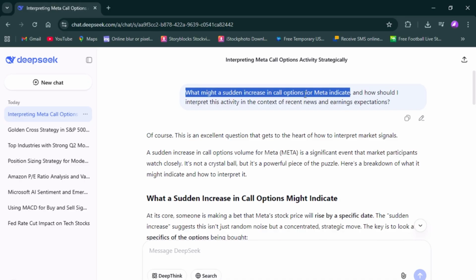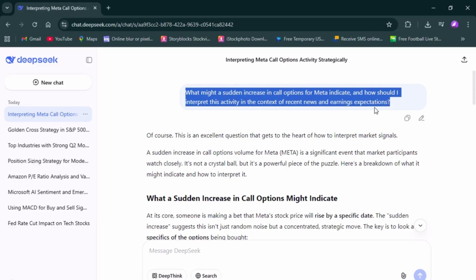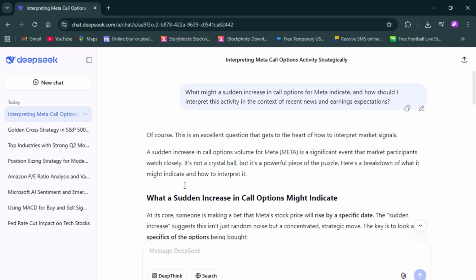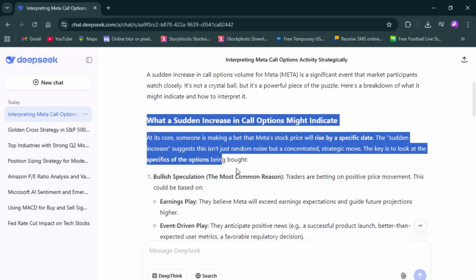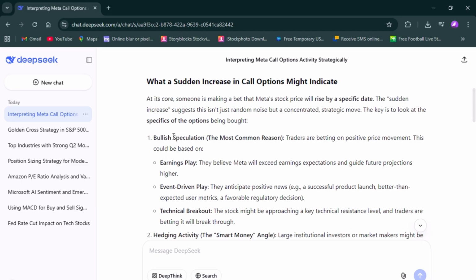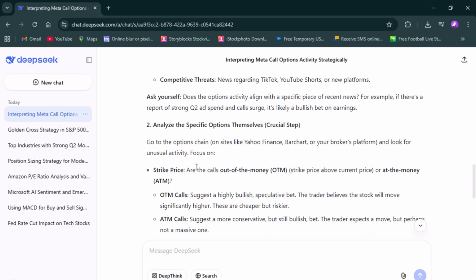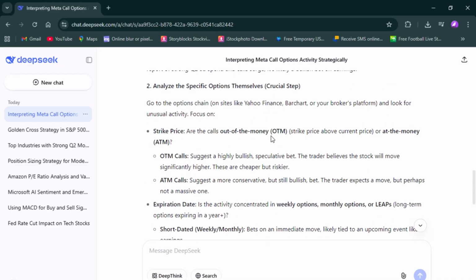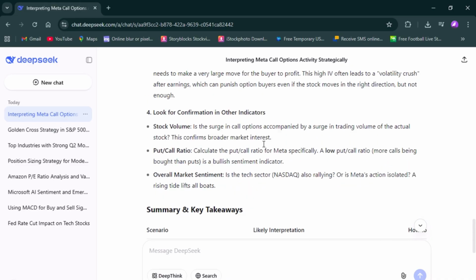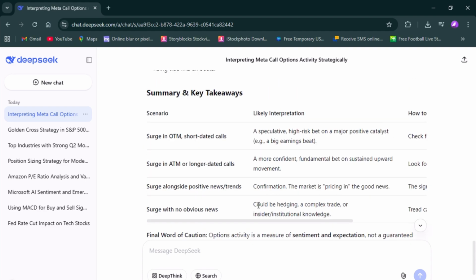And how should I interpret this activity in the context of recent news and earnings expectations? The AI can explain possible reasons, such as anticipated positive earnings, sector-wide optimism, or institutional hedging strategies, helping you make more informed decisions. You can also ask it to explain different options strategies and how they might be used in various market scenarios.